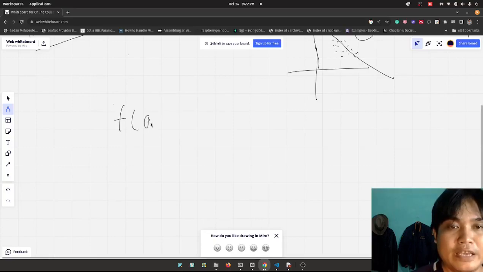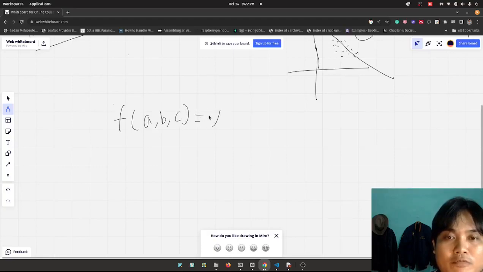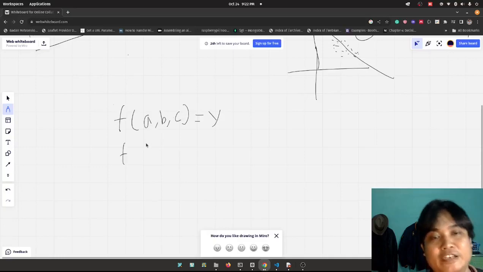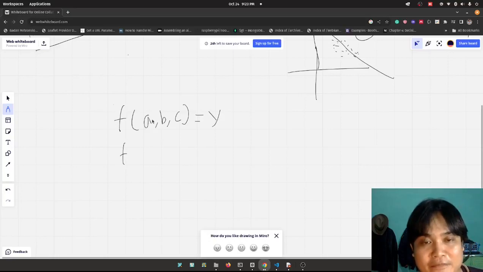Let's call them a, b, and c, and it's equal to y as a target. So how do we know what is more important between a, b, and c? The answer is just to play. We can just play with the parameters.